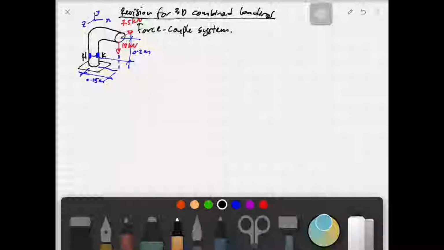And here I would just like to show the solution. First of all, I'm going to begin with point H, whatever the Cartesian chart system that we have in here.